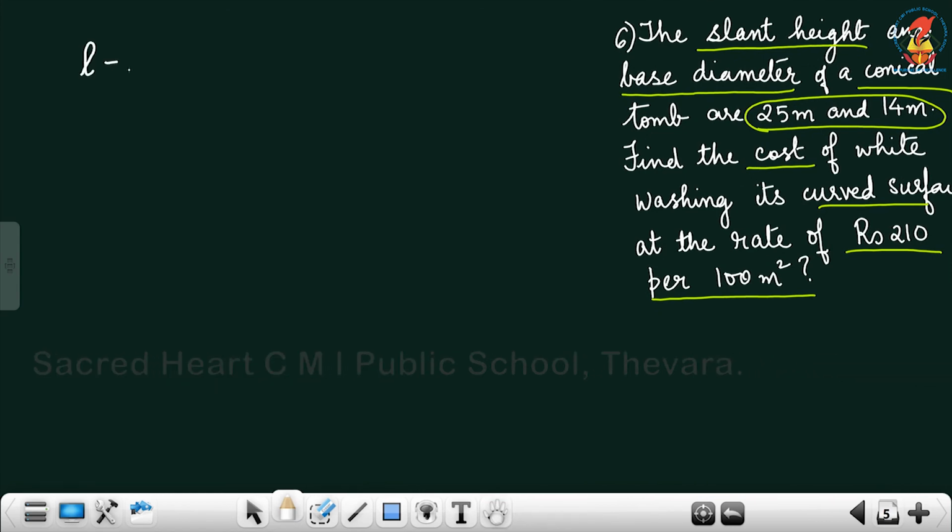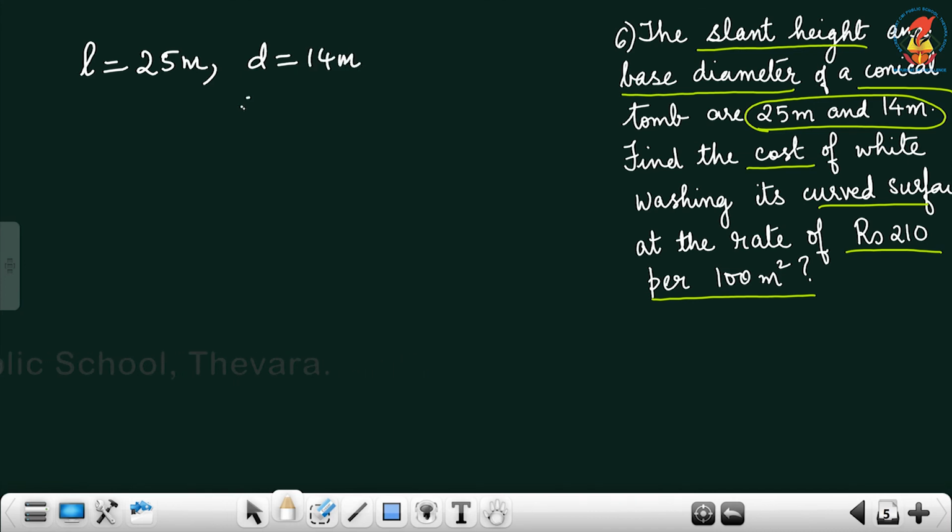Slant height l is given to be 25 meter. Then diameter is given as 14 meter. Therefore, radius will be 14 by 2, 7 meter. Now we need to find the cost. Before finding the cost, we should know the CSA.